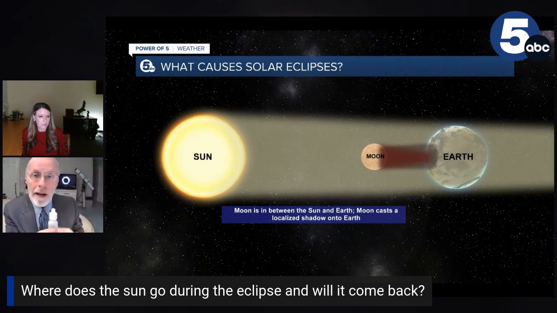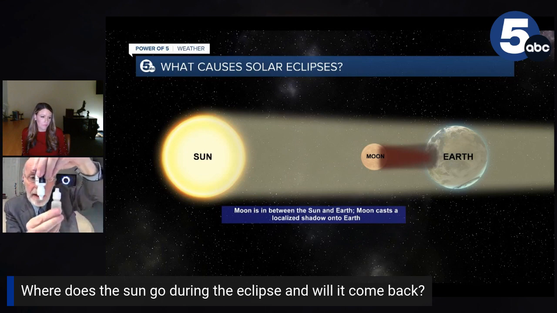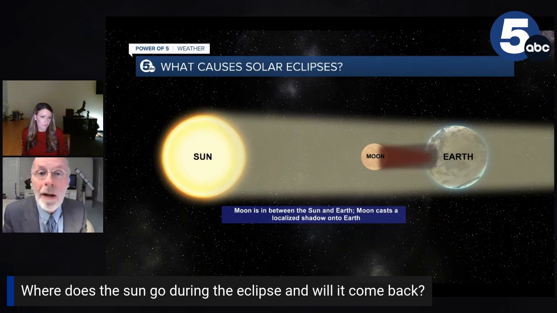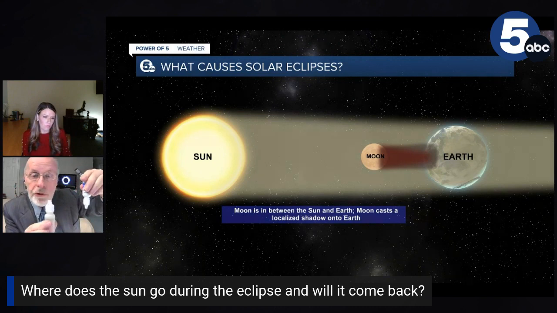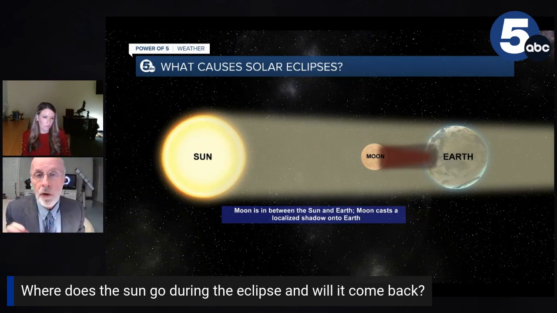On that day, the moon is going to be a lot closer to us, and that's why it's going to last almost 4 minutes. If the moon were further away, there may not even be an eclipse because the moon's just too far away and too small. Then we have what's called an annular eclipse, A-N-N-U-L-A-R.